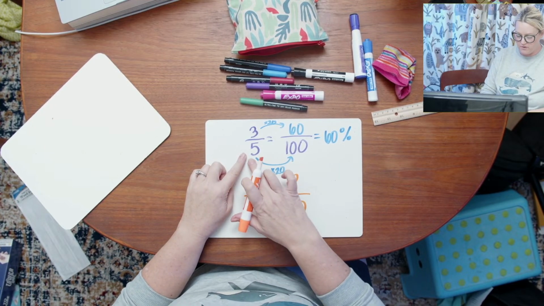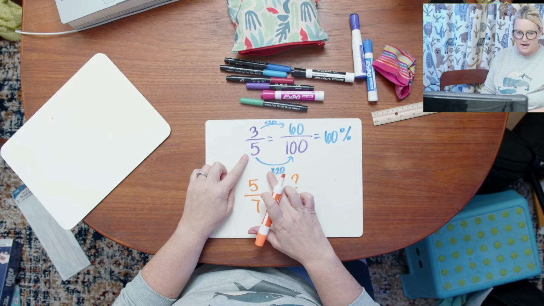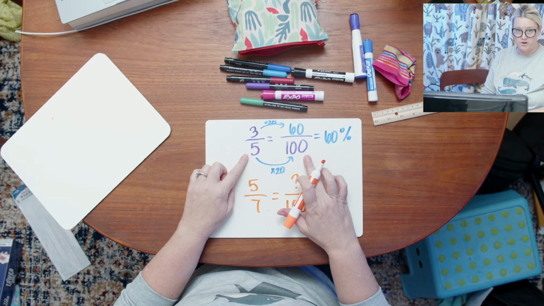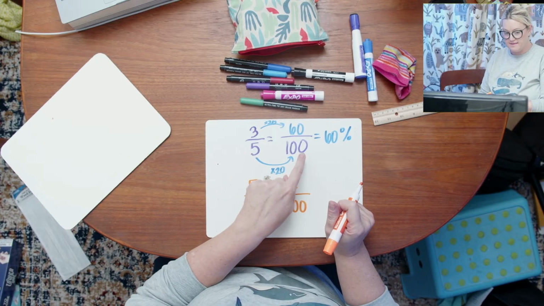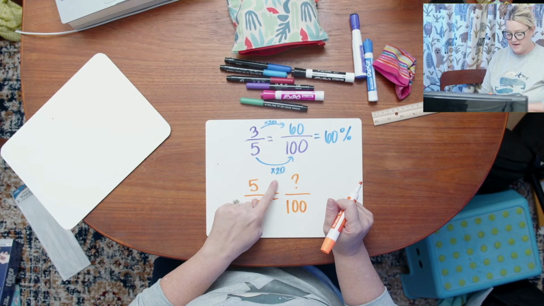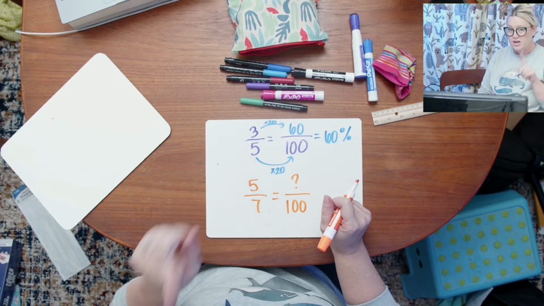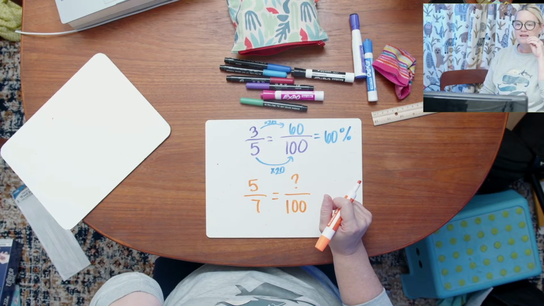You figure out, this number times what gives me 100? If 5 times 20 equals 100, then 100 divided by 5 gives me 20. So I can use that the same way.